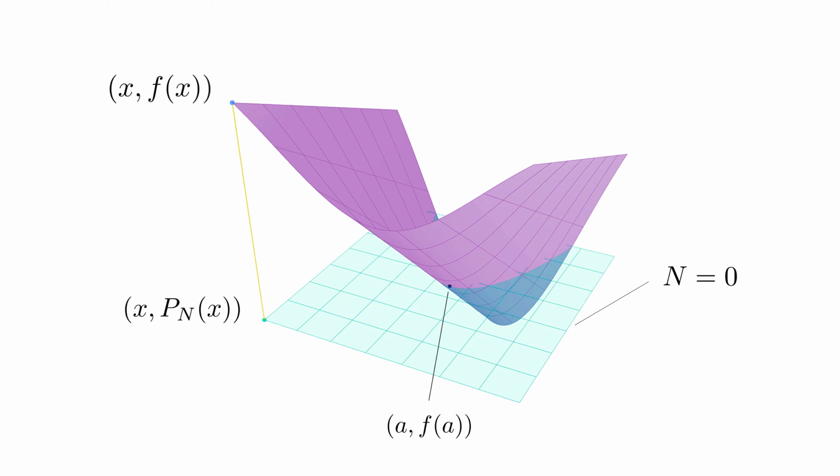So we are comparing the 3D point x comma f of x with the 3D point x comma Pn of x. Notice these points must lie directly below and above each other. The error in Taylor's theorem, namely f of x minus Pn of x, is therefore equal to the difference in the heights of these points, illustrated by the length of this yellow line segment.